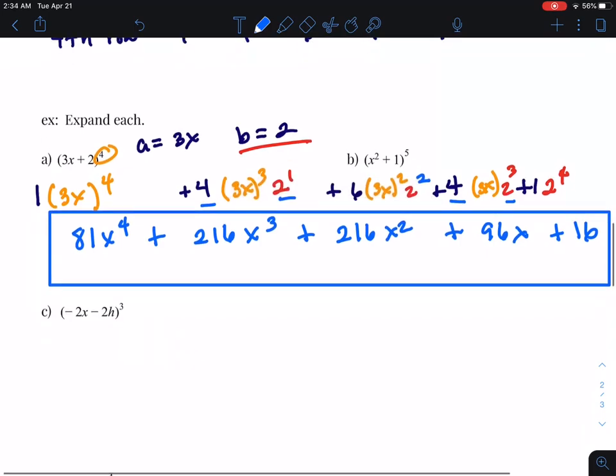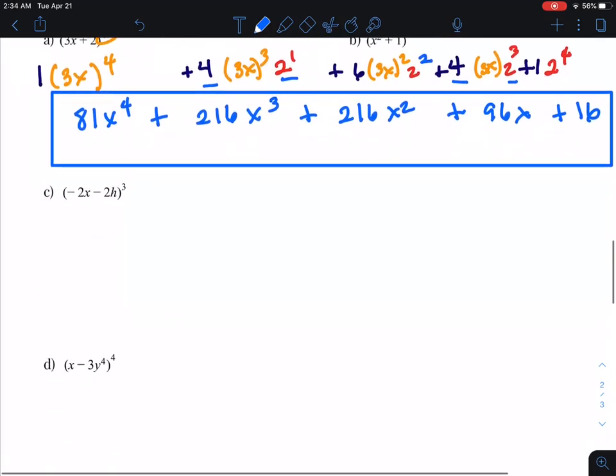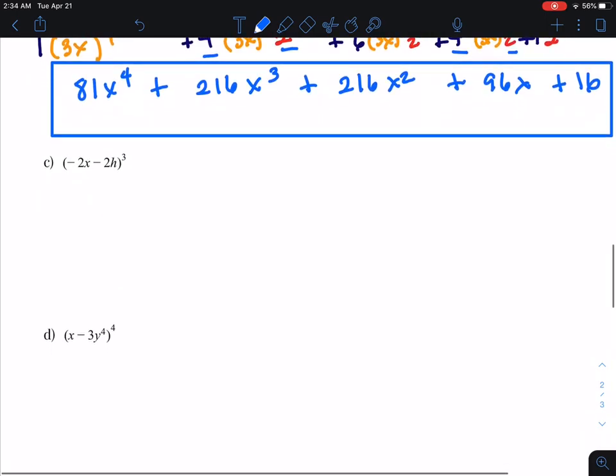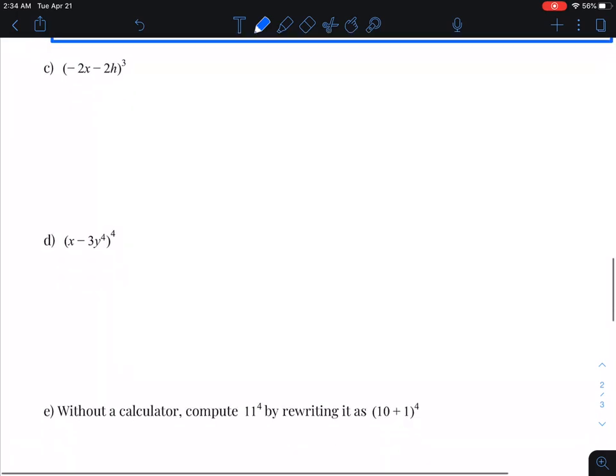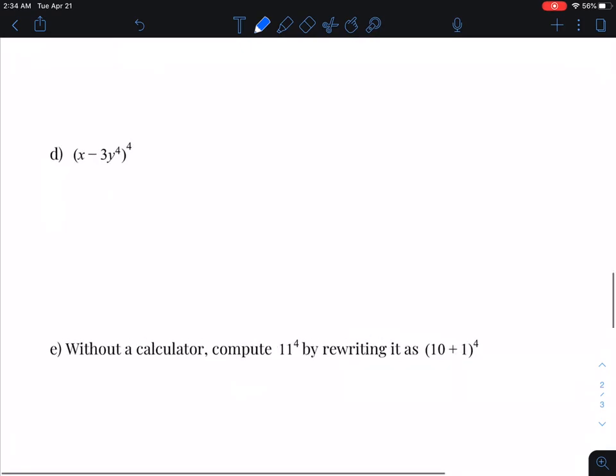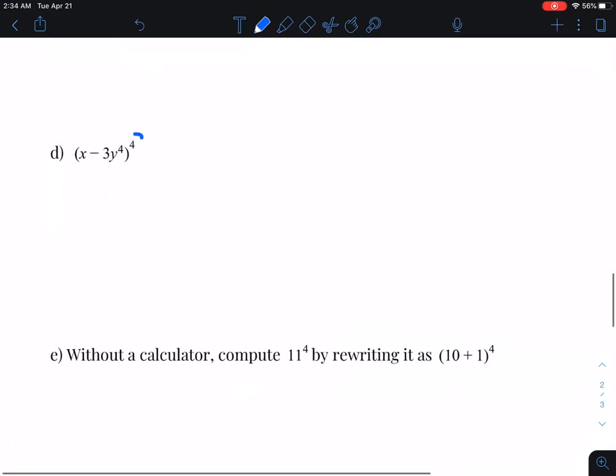Okay, so let's go over and let's do part D. Again, we're going to use the fourth row in here.